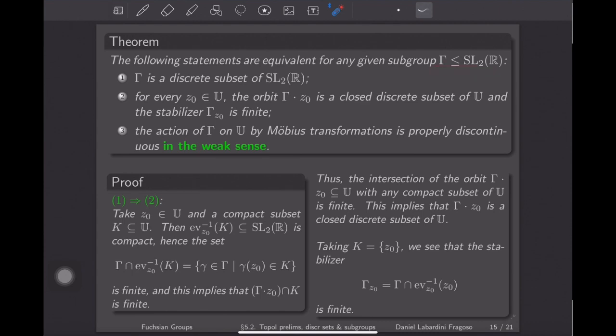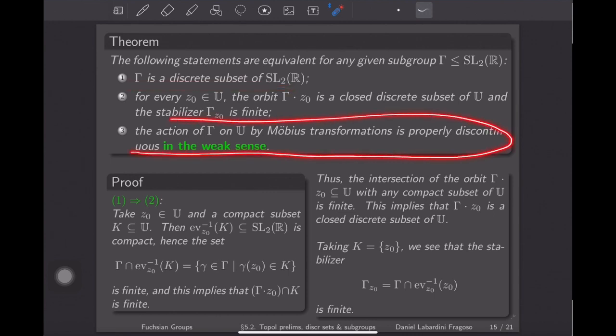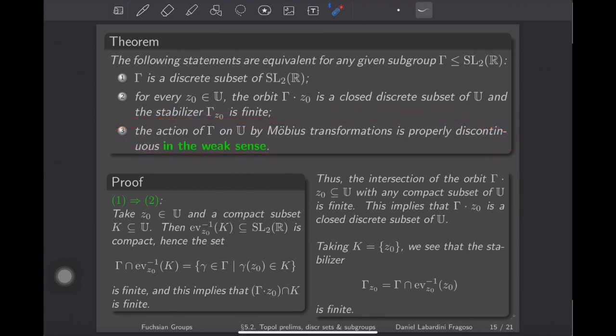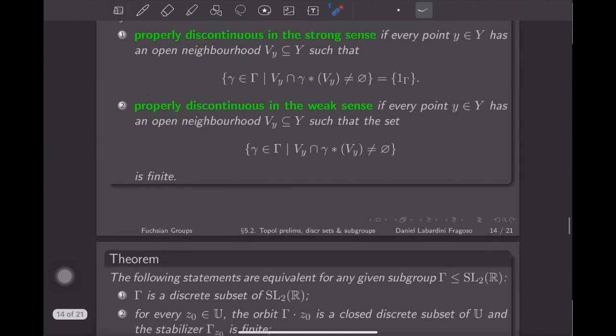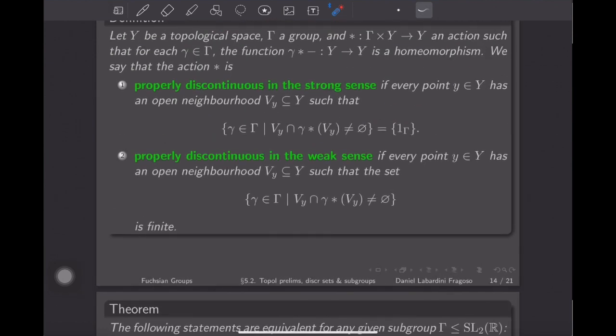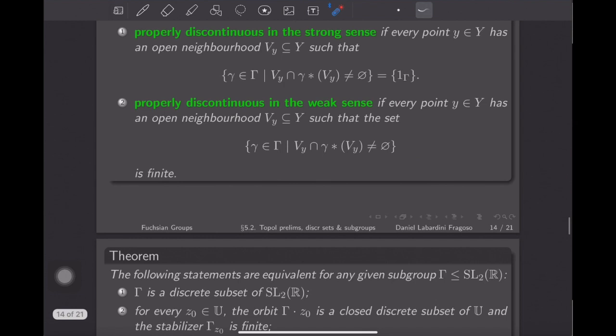But anyway, the point is that unfortunately, if one just takes discreteness, the corresponding topological property of the action is not proper discontinuity in the strong sense, but in the weak sense. So this theorem really is the reason why we have to relax our condition.